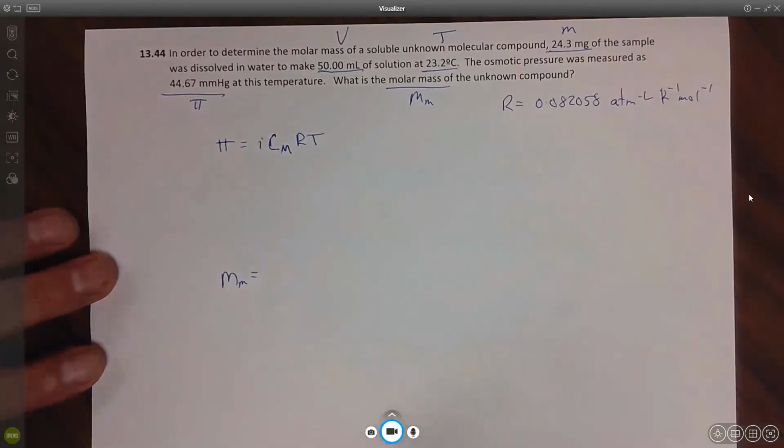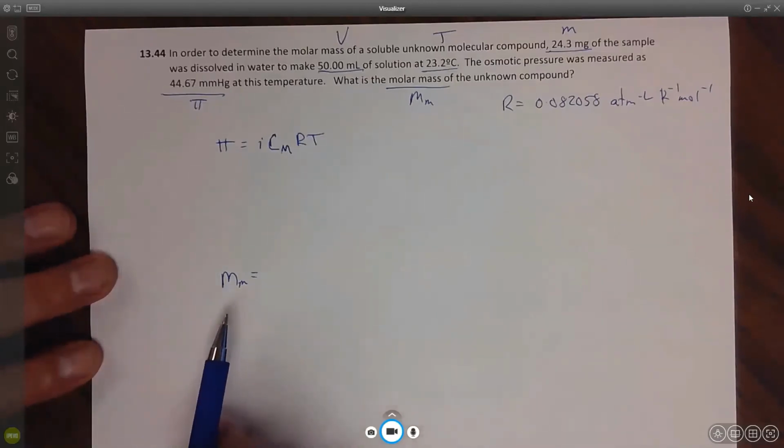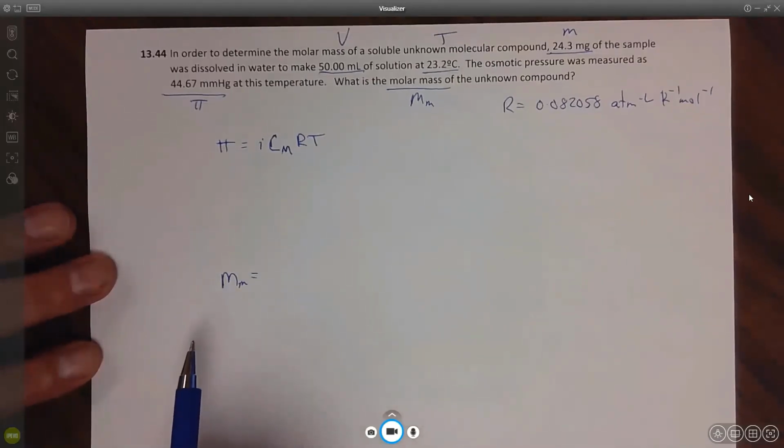Okay, well, what units are they, though? What's the unit of a molar mass? It's just grams. Not just grams. That would just be a mass. This is a molar mass. So what's the unit going to be? If it's a molar mass.